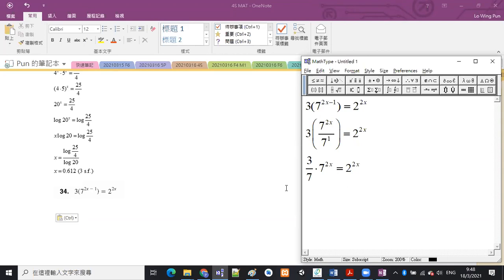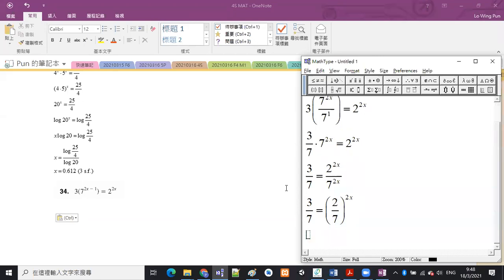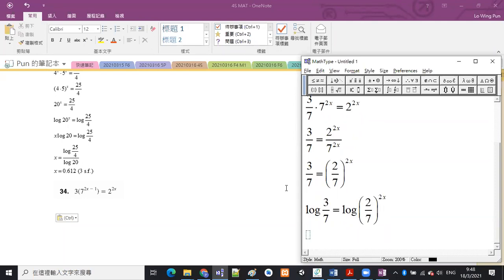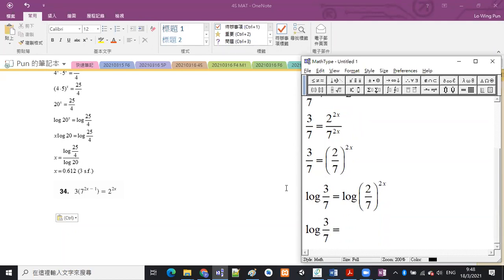This time, I'll explain in a moment. And then we will divide by 7 to the power 2x to the right hand side, 2 to the power 2x over 7 to the power 2x. Because both up and down are of power 2x, we may take out the power 2x to be 2 over 7 to the power 2x. Okay? Then it's one number to the power 2x equal to another number, so we can take log. So log 3 over 7 is equal to log 2 over 7 to the power 2x. And then we can bring down the 2x. It is equal to 2x times log 2 over 7.